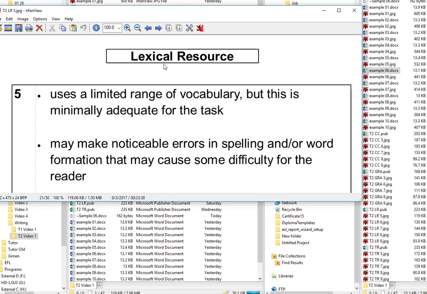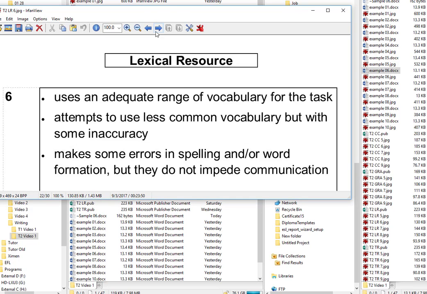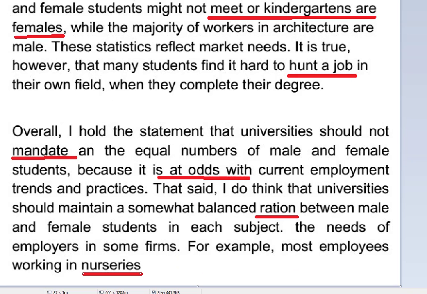No, I wouldn't say it's minimally adequate. Some inaccuracies. See, the it's here, some. How many some? There were quite a few. But they do not impede communication. Well, this impeding communication refers to word formation. Problem here is word choice. I wouldn't say that it impedes communication.